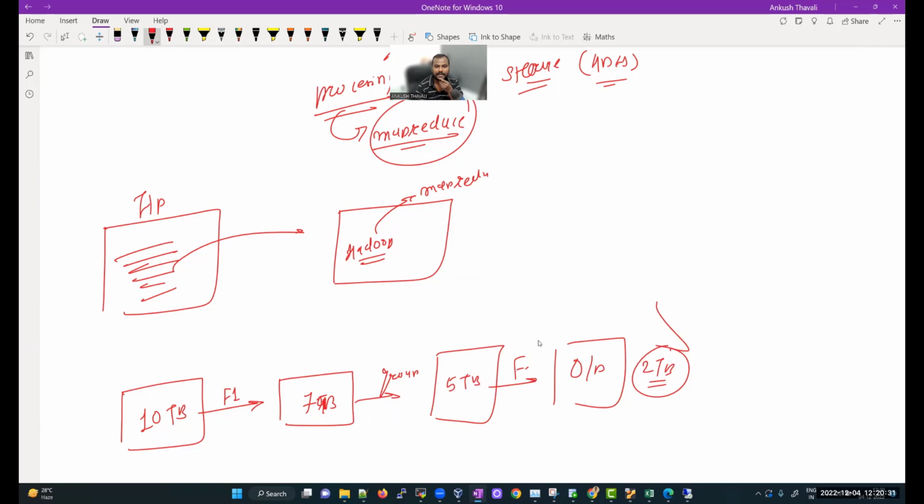Now, the problem with this MapReduce framework that Hadoop is using is the intermediate data, meaning the intermediate output. Initially the input was 10 terabytes, and after filter one you got 7 terabytes. Intermediate means in the middle.